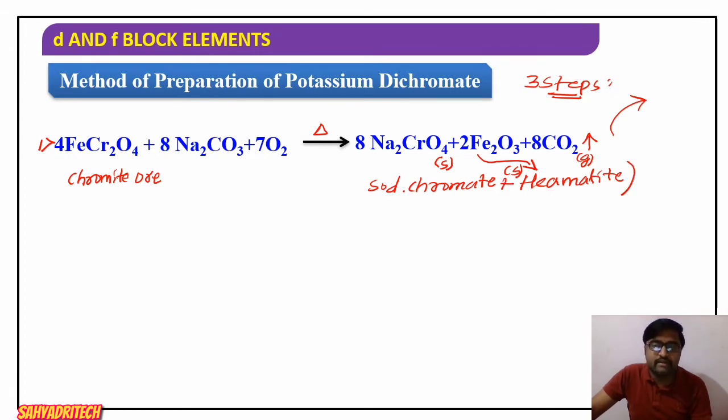This mixture remains. So out of this mixture, do we need both? No, we need only sodium chromate, but not the iron oxide, hematite ore. So how are we going to separate this mixture? By analyzing their physical characteristics. What is that physical characteristic? It is the solubility.